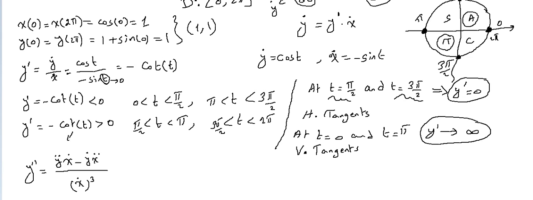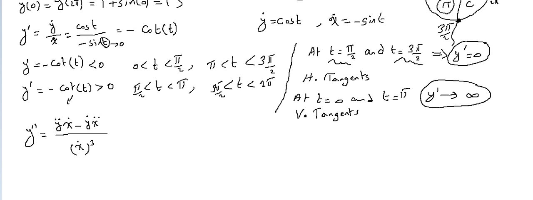Y dot, we found it. It's cosine t. So what is y double dot? Y double dot is the derivative of cosine t, which is minus sine t. And what is x double dot? It's the derivative of x dot, which is minus sine t, so it is minus cosine t.